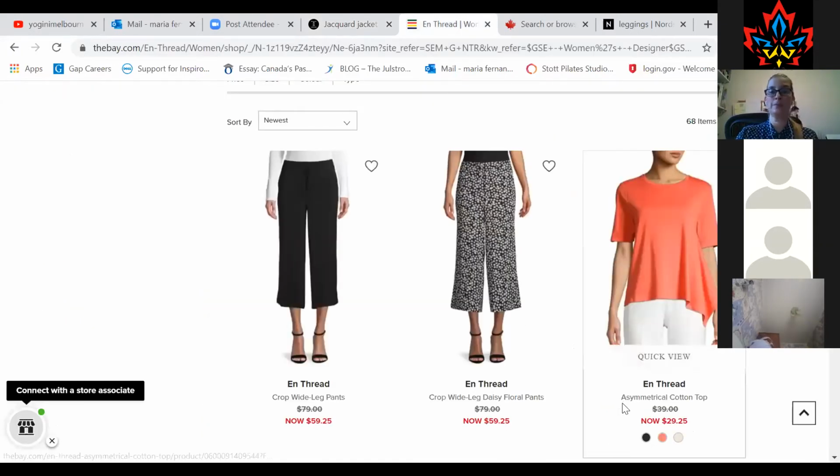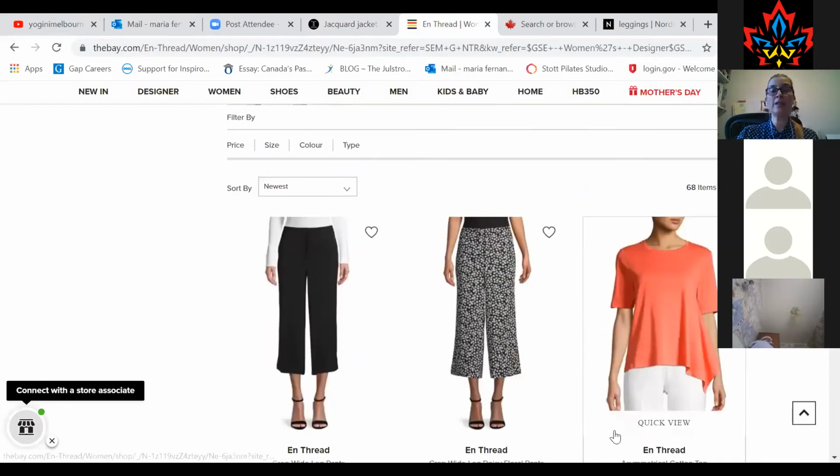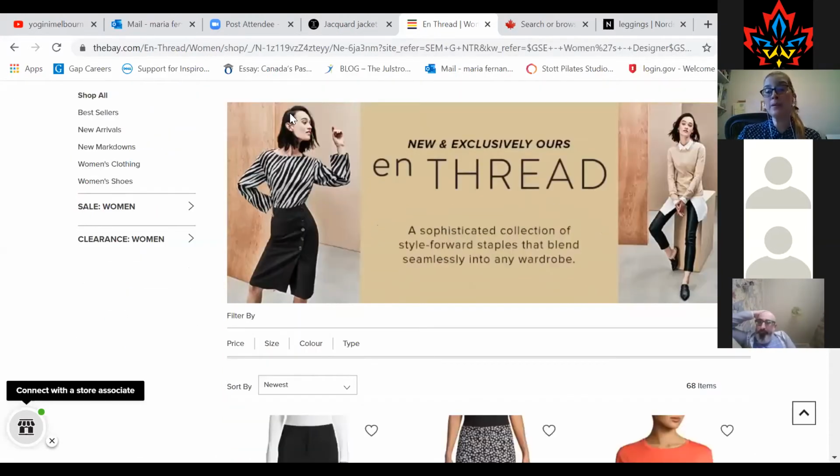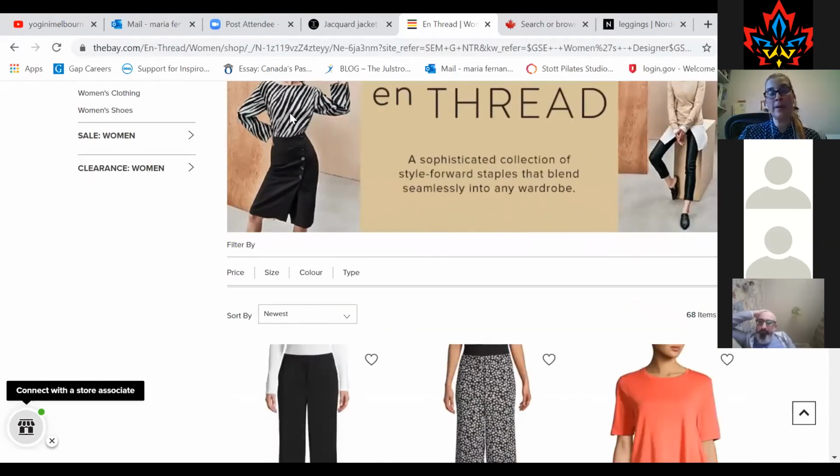This one is in Trent, which is the brand from Hudson Bay. Hudson Bay is a very well-known buyer. It's a department store all around Canada. It's a very typical store where everybody can go and buy.